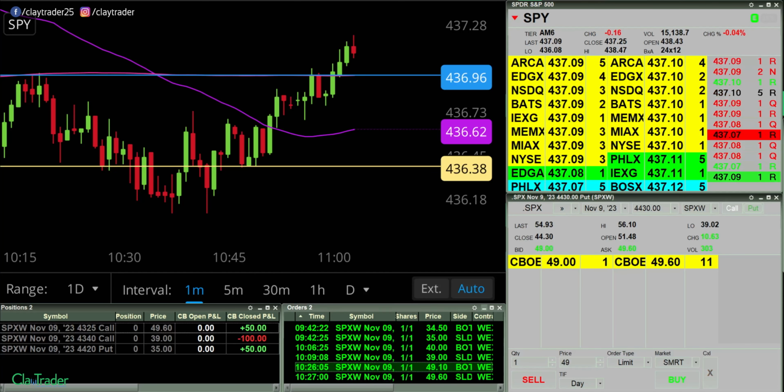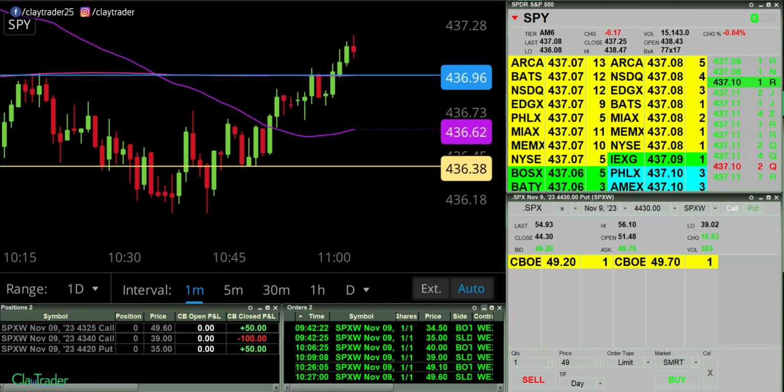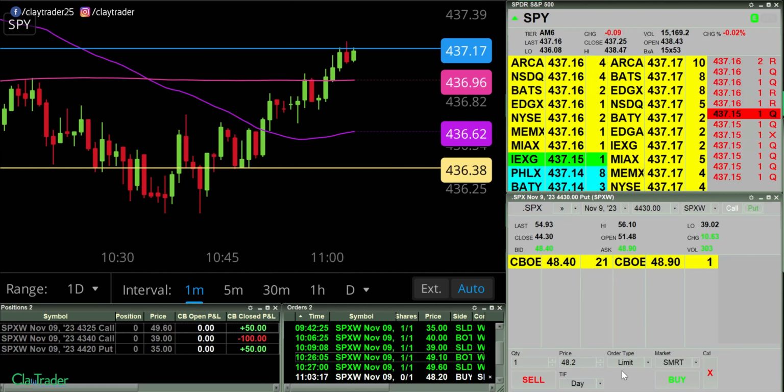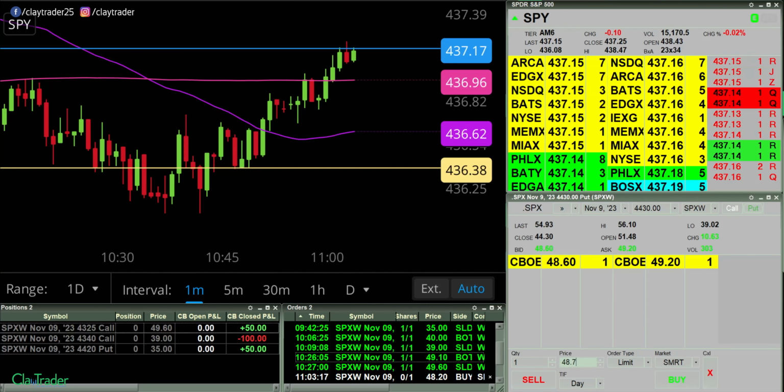What's up with these spreads? I'm up in the 40s and it's still only 50 cents. Okay, I'll pause. Okay, gonna try 48.20.